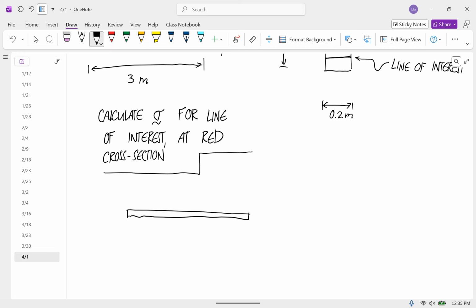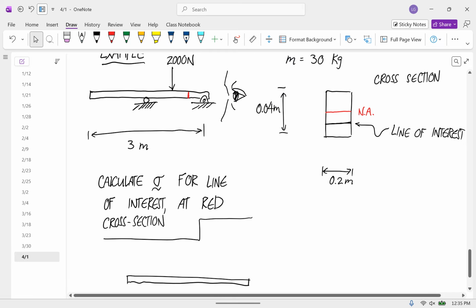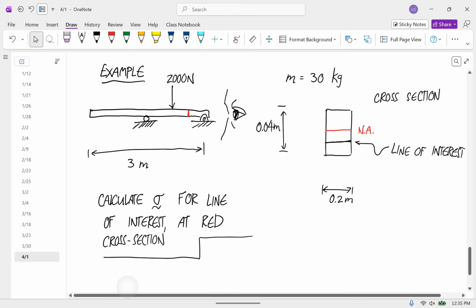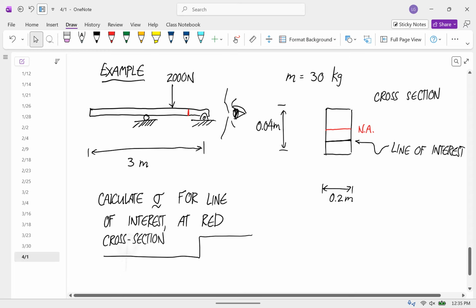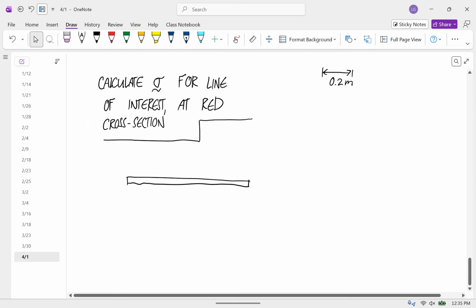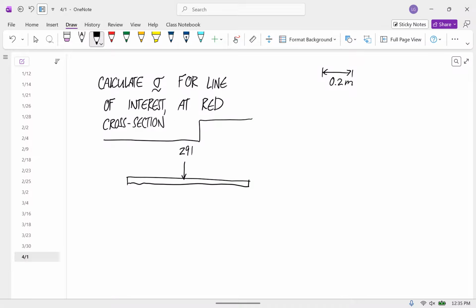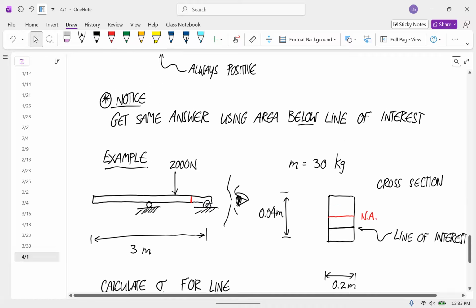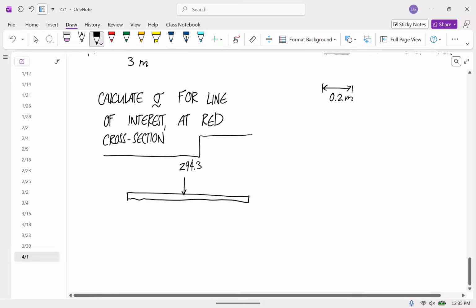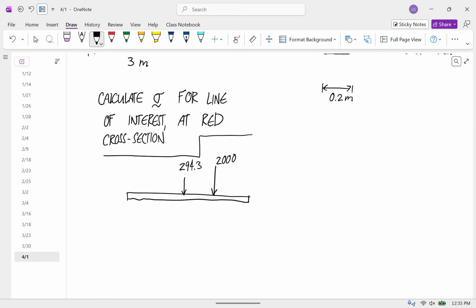So at the midpoint, this thing is 30 kilograms, so that's 294.3 newtons acting at the midpoint of the beam. And then we have the 2000 acting here. And then we have an RA here.